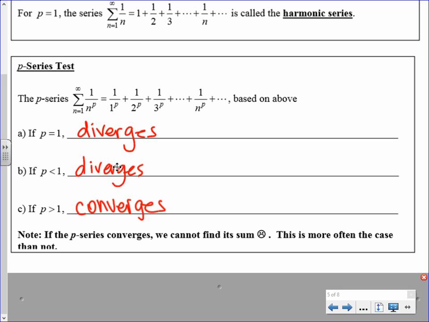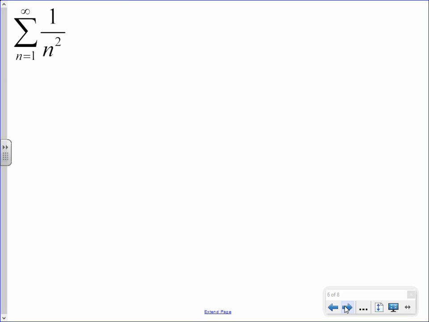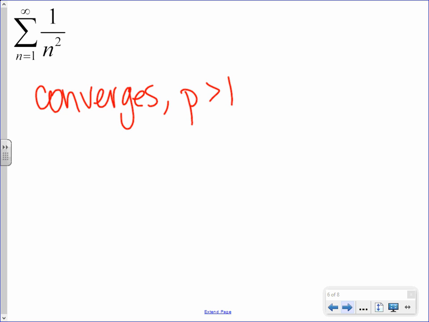All right. Now, if I give you this, the series from 1 to infinity of 1 over n squared, it is a P series. So, we know that this converges because P is greater than 1, P series test.